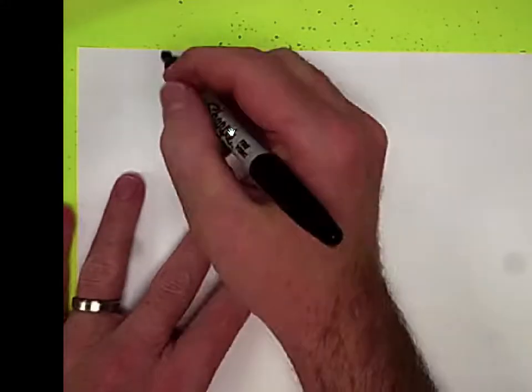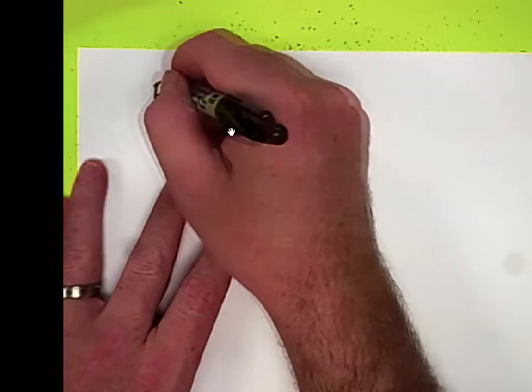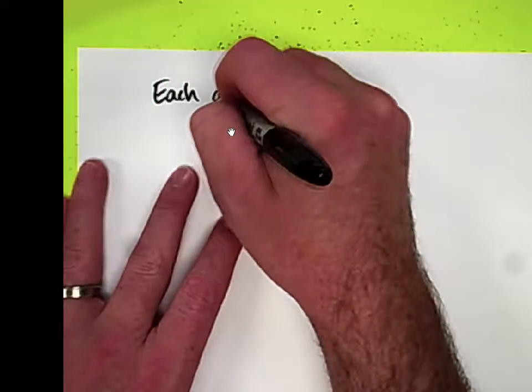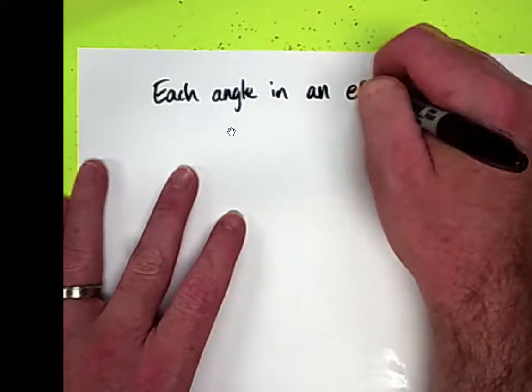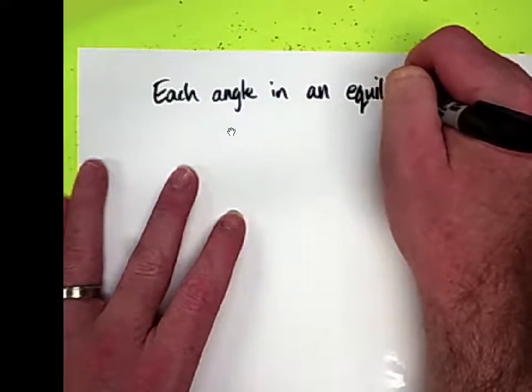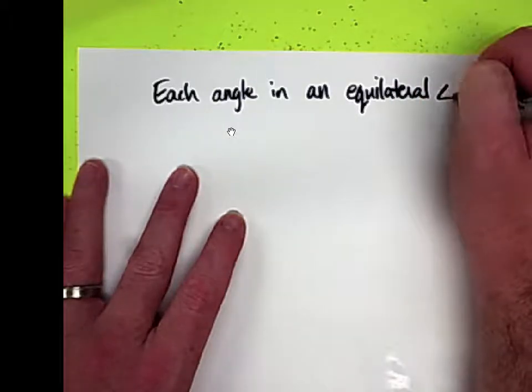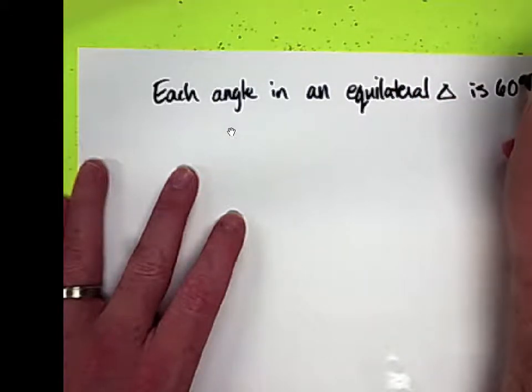All right, you've got one last corollary we're going to do before you start your homework. And that says, and this is something you already know actually, that each angle in an equilateral triangle is 60 degrees.